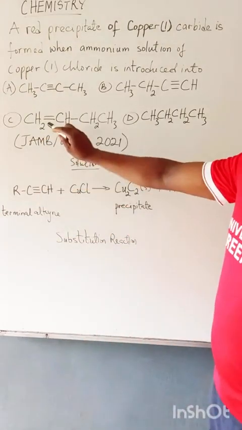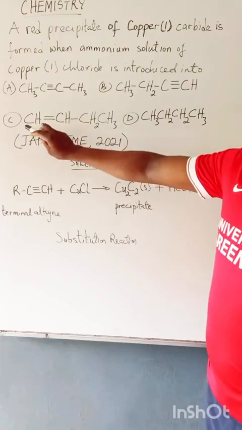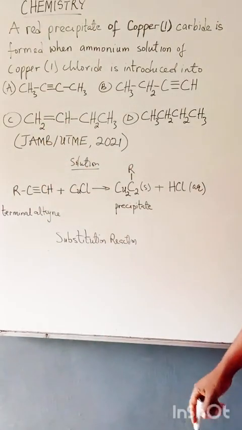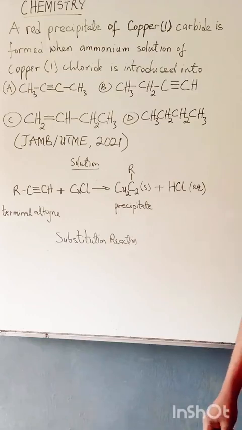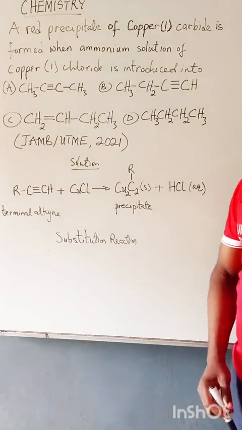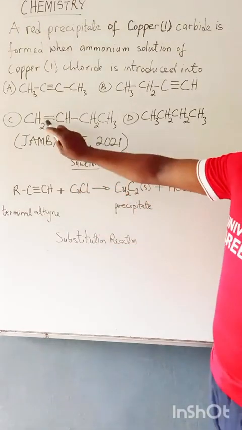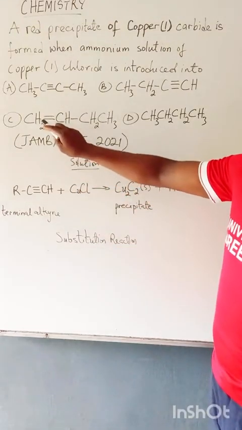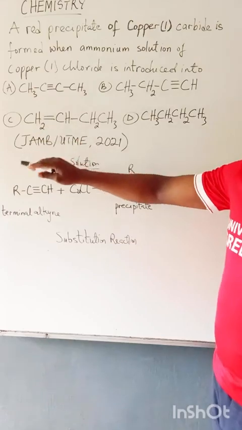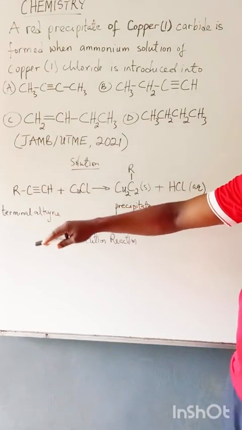but-1-ene. The carbon-carbon double bond here is positioned at carbon atom number 1 according to IUPAC. You remember, IUPAC means International Union of Pure and Applied Chemistry. And according to the rule of IUPAC, the position you give to the carbon-carbon double bond, that's the functional group, should be the lowest possible position.